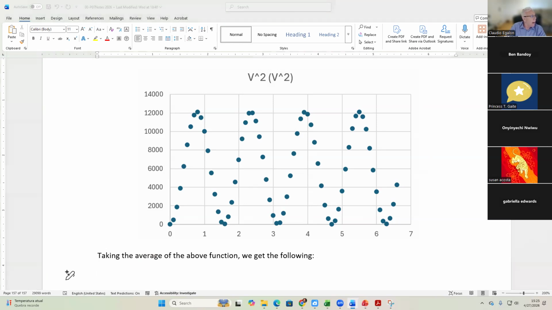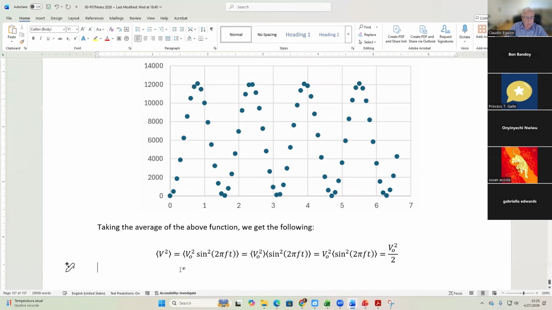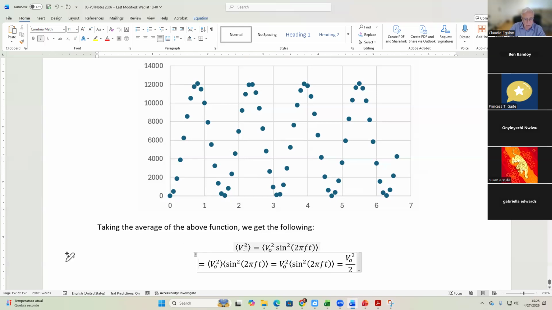Here you go. Half of the peak value. This one is a constant, right? Average of a constant is going to be the constant itself. And now we are left with the average of the sine square, which is going to be half. That's how we find the average of the square. So that's most of the work done.